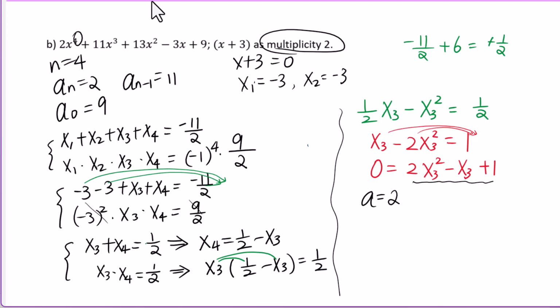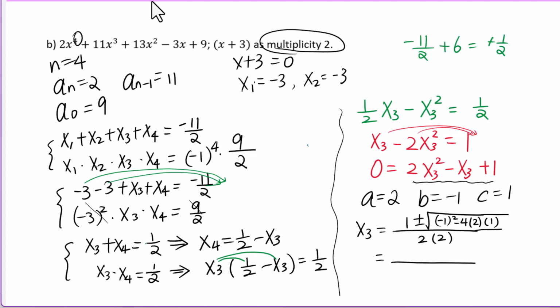a = 2, b = -1, c = 1. Then x3 = -b, which is 1, plus or minus the square root of (-1)^2 - 4 times 2 times 1, over 2 times 2.